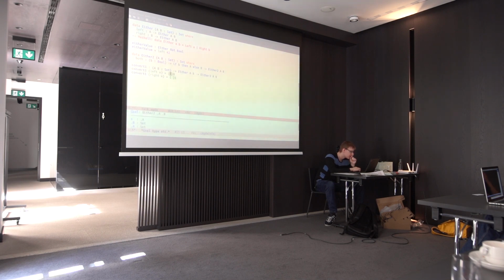Now on this side my goal is Either2 A B, and I have just an A. So the solution is both true x. And here this will be both false x, right? I actually told Agda to infer this for me.